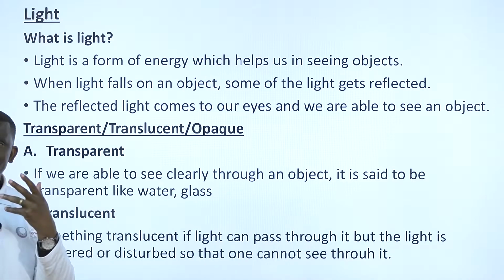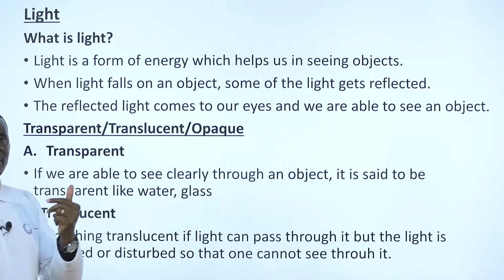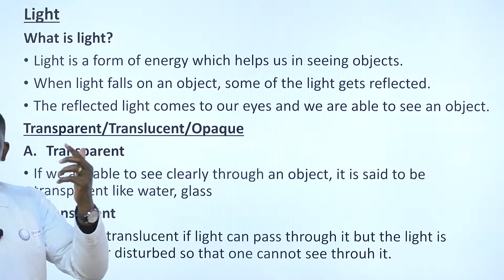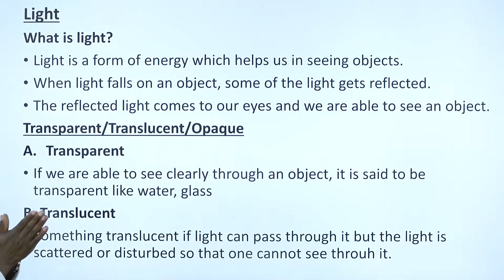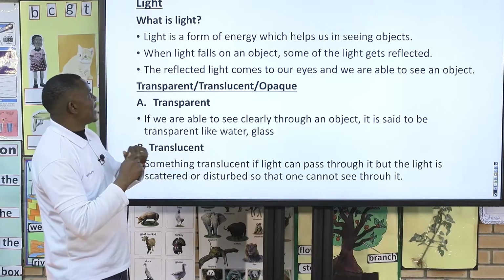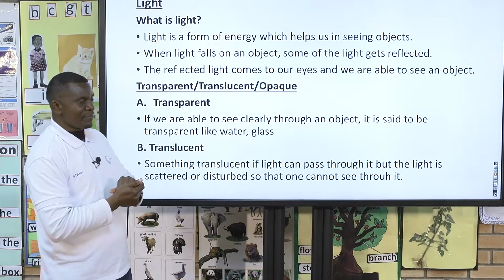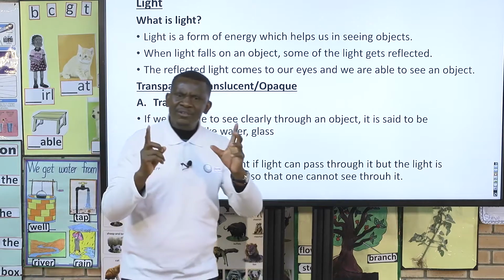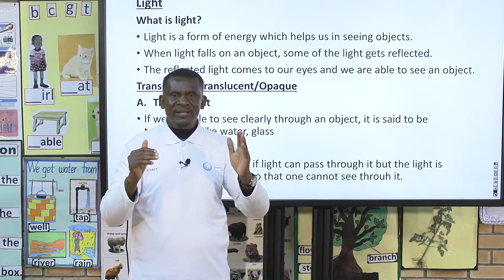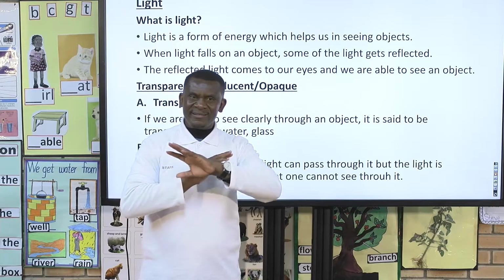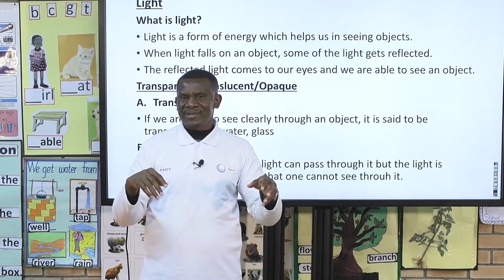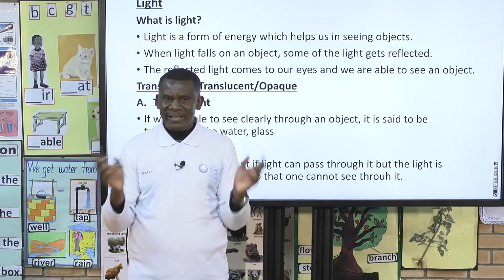How do we see? Light from the object will come to our eyes and then we are able to see. But when light falls on certain objects, it is scattered. Others, it's deflected.